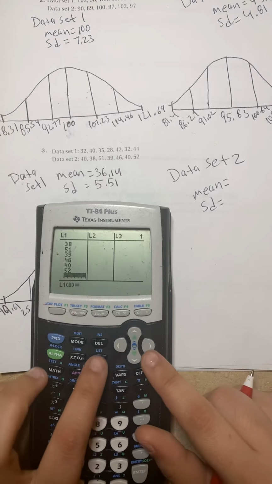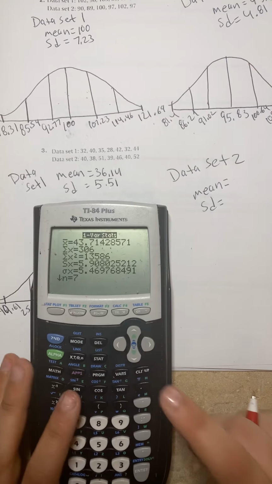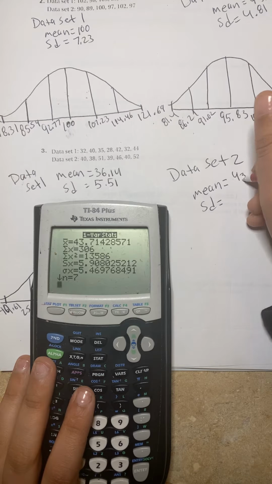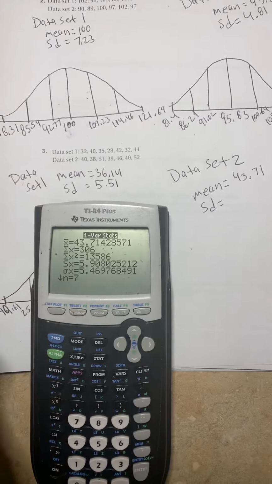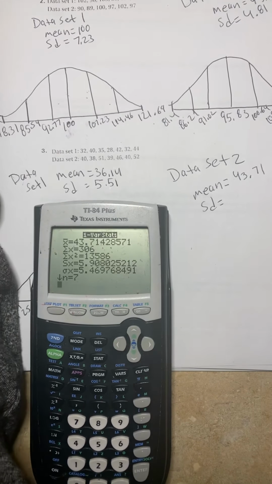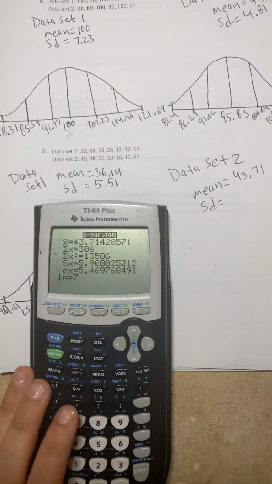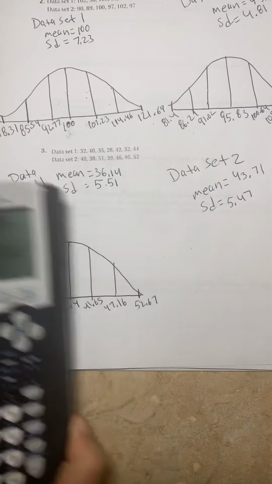And again, we hit stat, go over to our calc, one variable stats. And then you get that our mean is 43.71, and our standard deviation is 5.47. Okay?